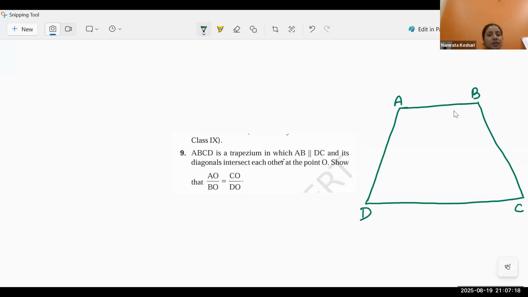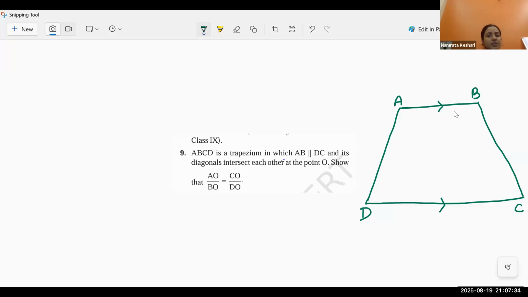ABCD is a trapezium in which AB is parallel to CD. In a trapezium, we know that there is a pair of parallel sides. Just a pair of parallel sides is there in any trapezium.